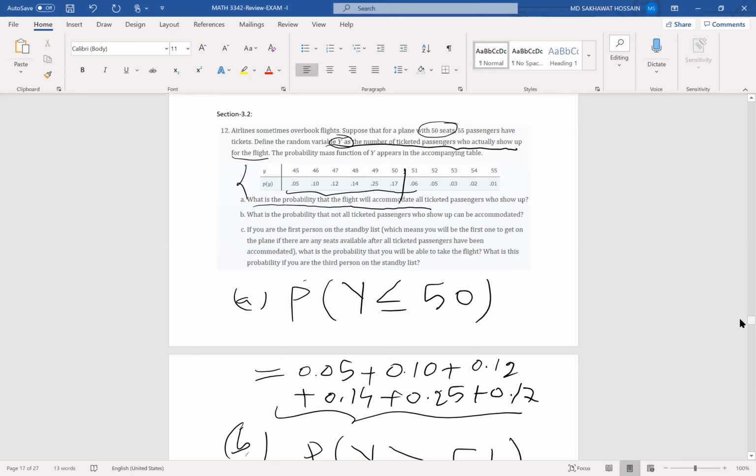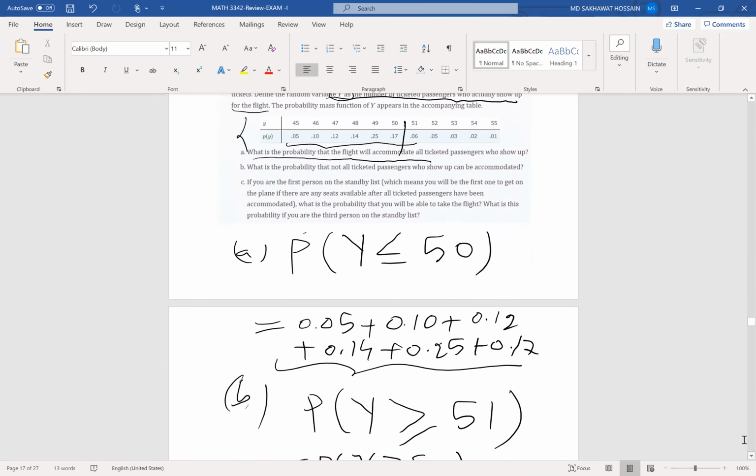So now the question is, what is the probability that you will be able to take the flight? You are the first one on the standby list, so you will take the flight only when the ticketed passengers number less than 50, right? Because there are a total of 50 seats. If there are 50 ticketed passengers, there is no chance that you will get on the flight.